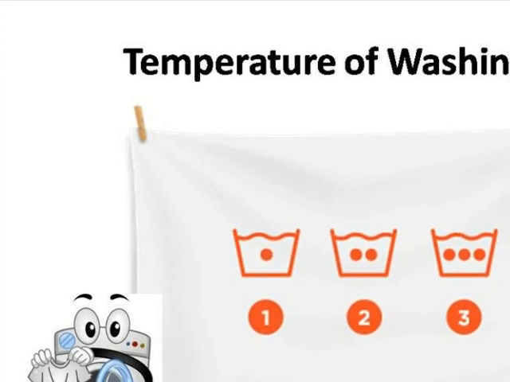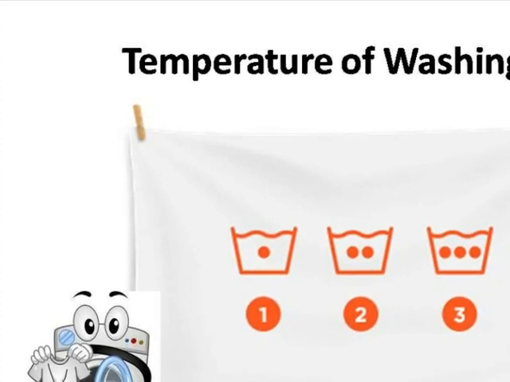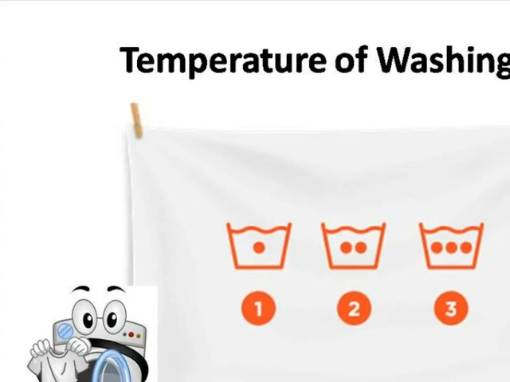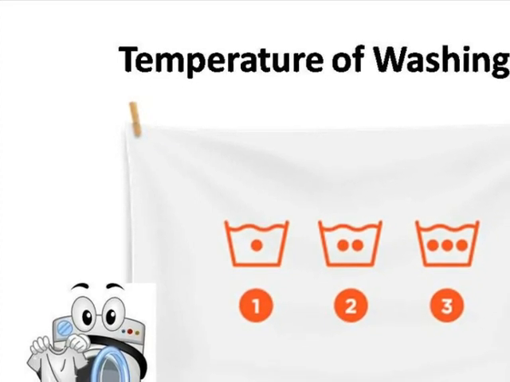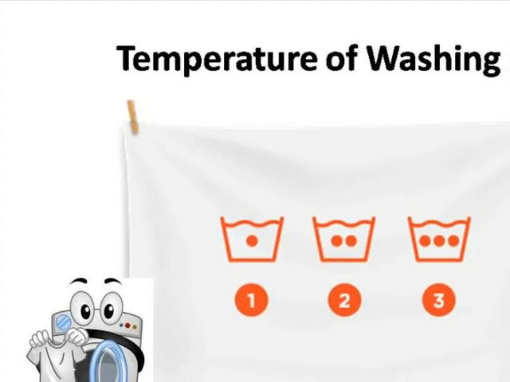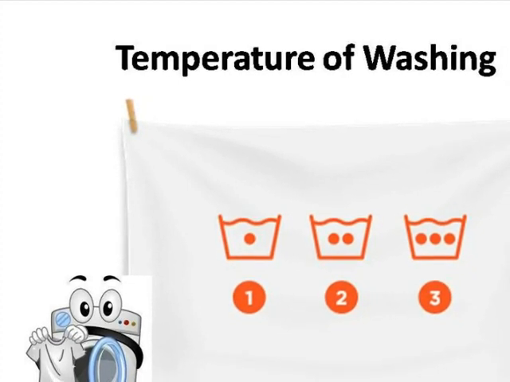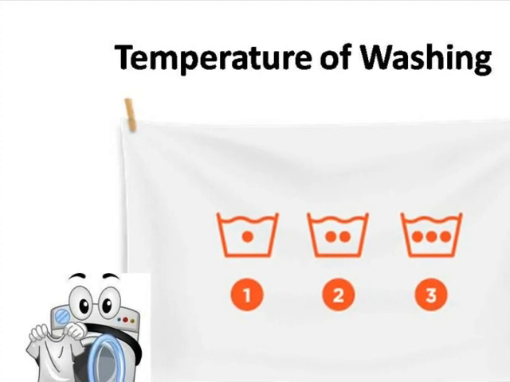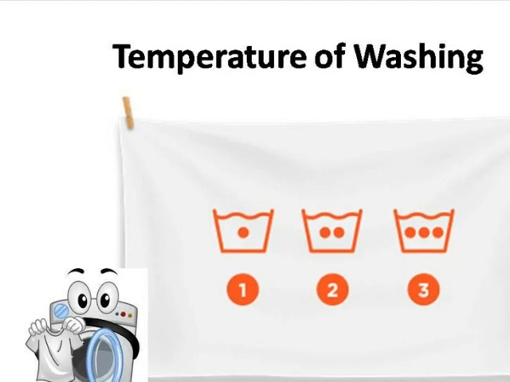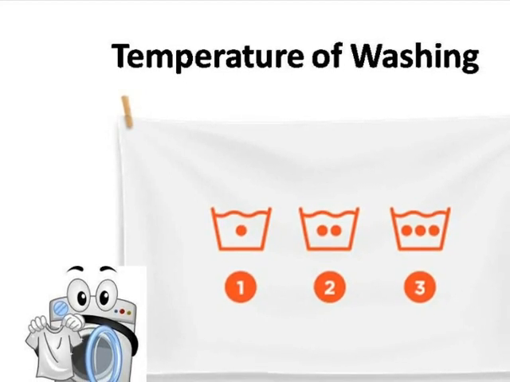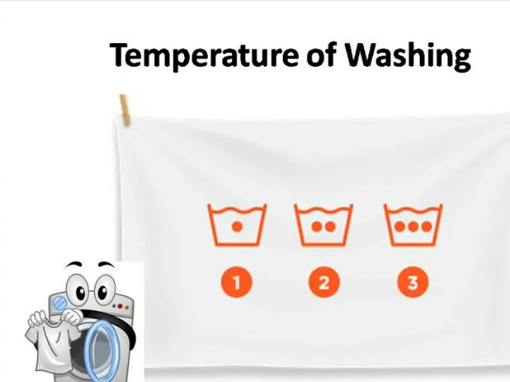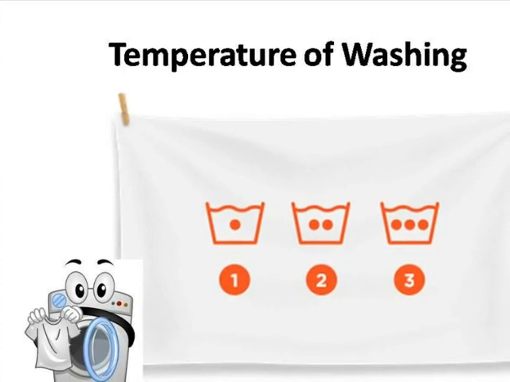the next important thing is the temperature of washing, meaning the temperature of the water used in washing. Some fabrics require hot water treatment while others are damaged by hot water or lose their dimensional stability. The first symbol, a tub with a dot in the water, indicates that it should be washed at normal temperature.